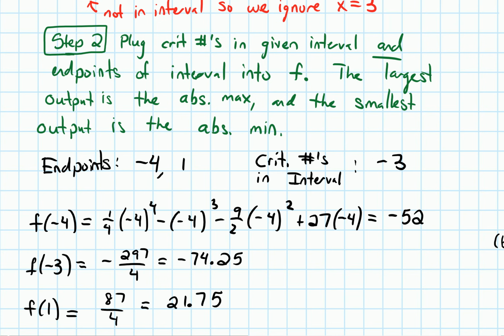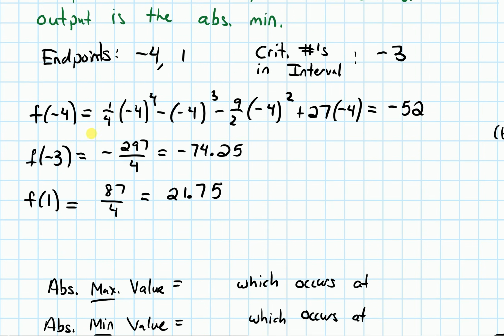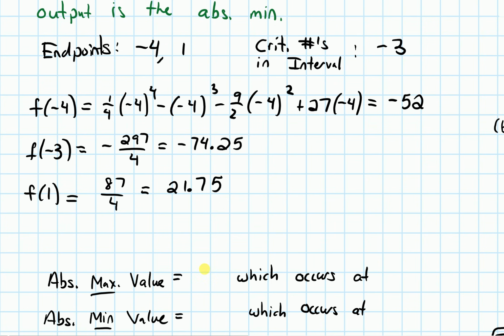Okay, so step 2 says, all right, when we look at these, when you plug in your endpoints, and when you plug in the critical numbers that were within the interval into your original function f, the largest output that we're getting, which in this case is 21.75, that is our absolute max value. So the absolute max value is 87/4.